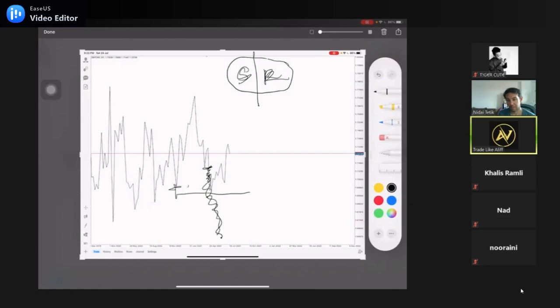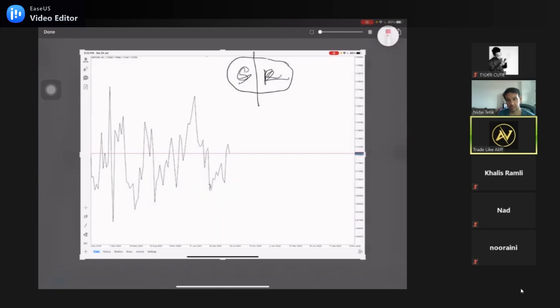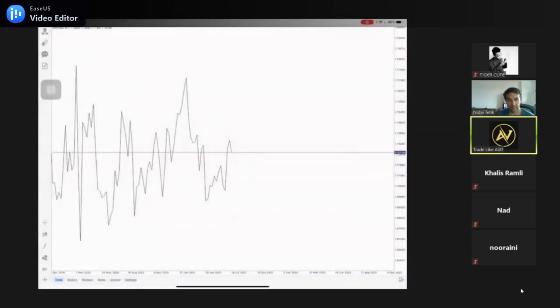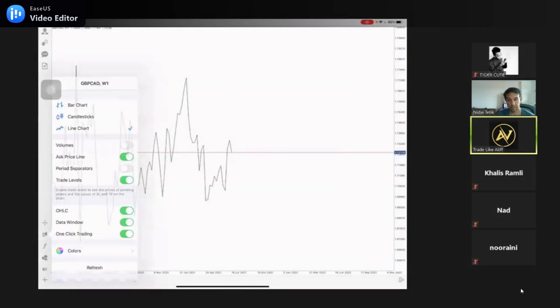Because it's a valid support. So your chart will always look like this: you have a resistance, you have your support. We trade in here. Let's say it's broken out, we trade here back again.